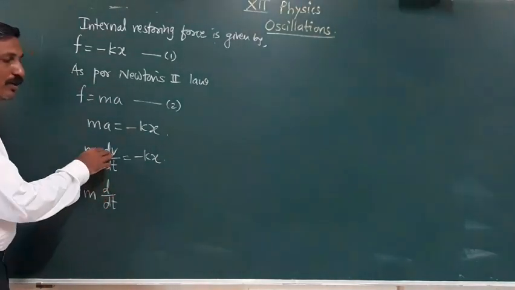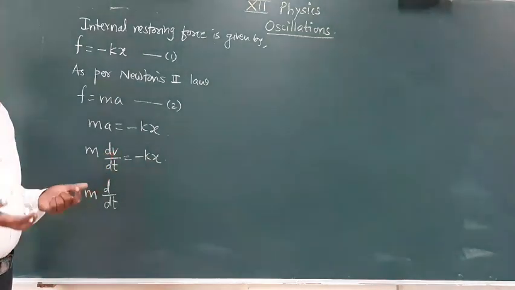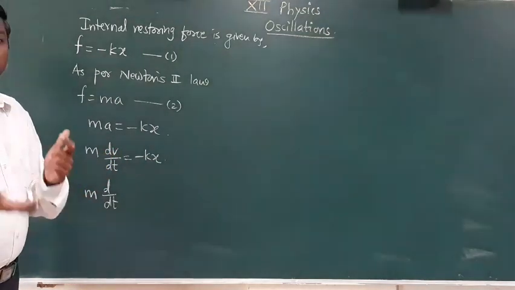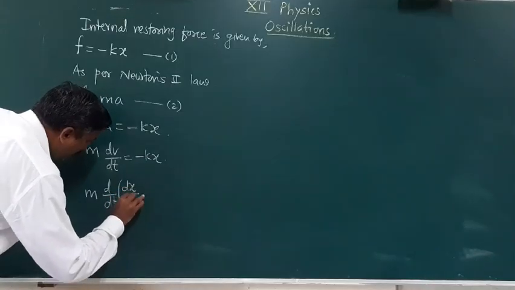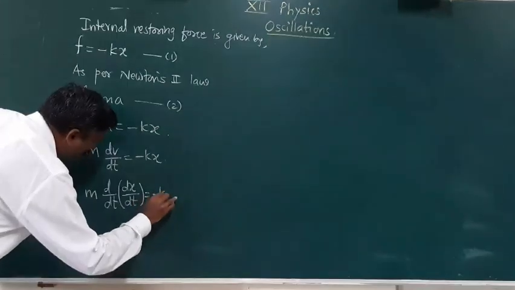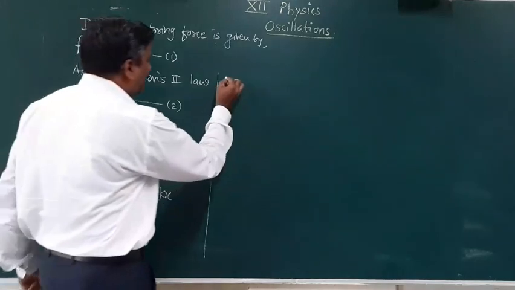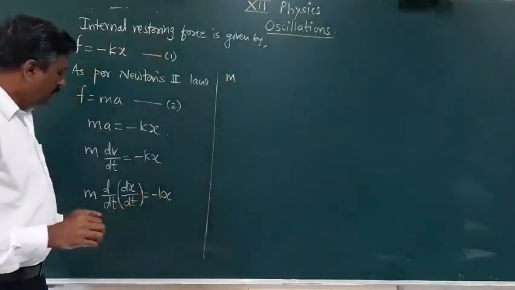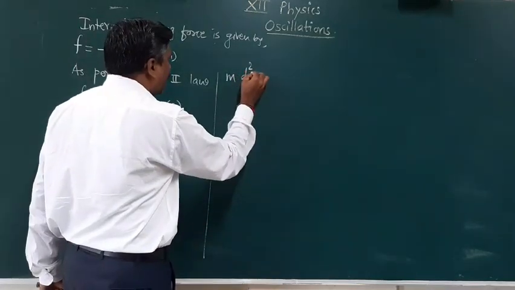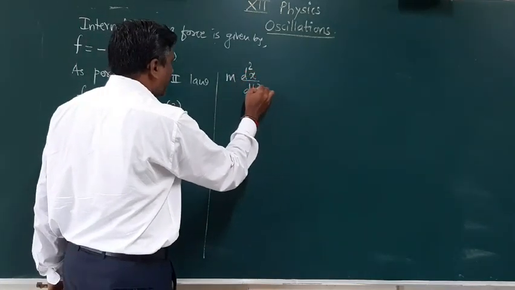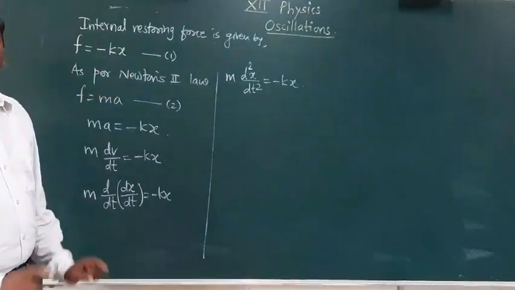But what is this velocity? Because here the term is displacement, velocity is nothing but the rate of change of displacement per unit time, dx by dt. So we write m d by dt of dx by dt, which we write as d2x by dt square, equals minus kx.